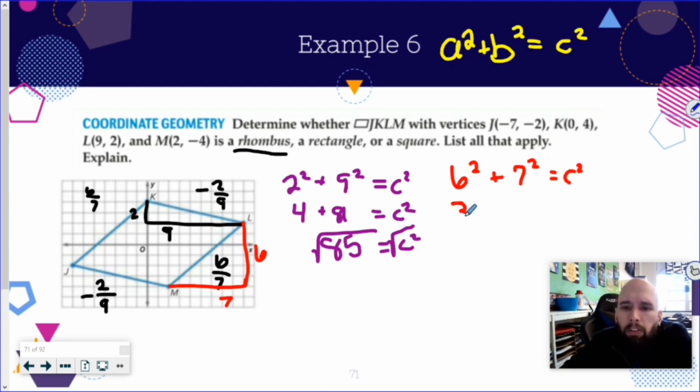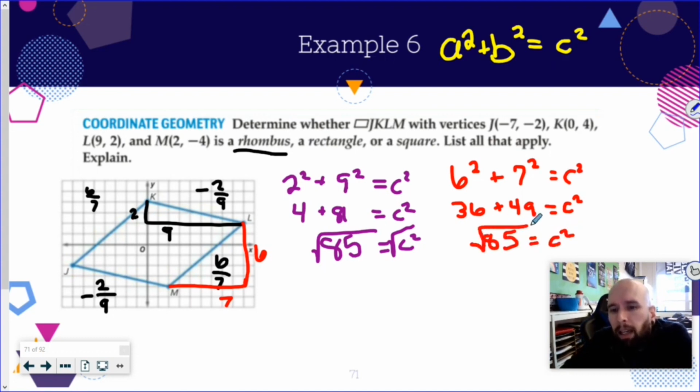That becomes 36 plus 49 equals c squared. Add those two up and I get 85. No way! Which means these guys are the same length. So if these guys are the same length, that means these all are going to be the same length. It's a rhombus.